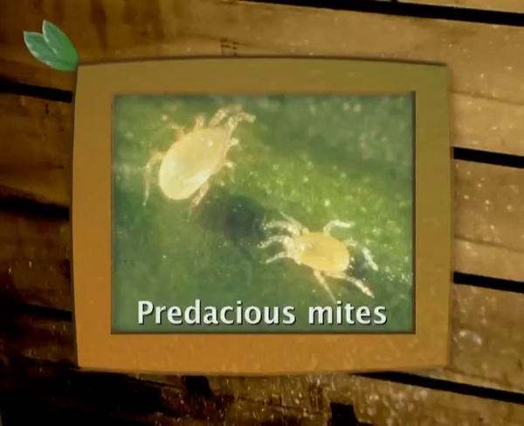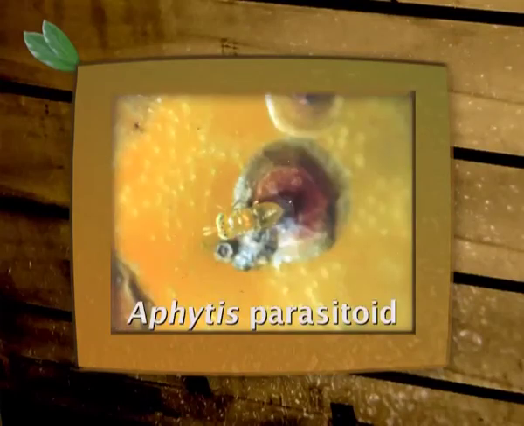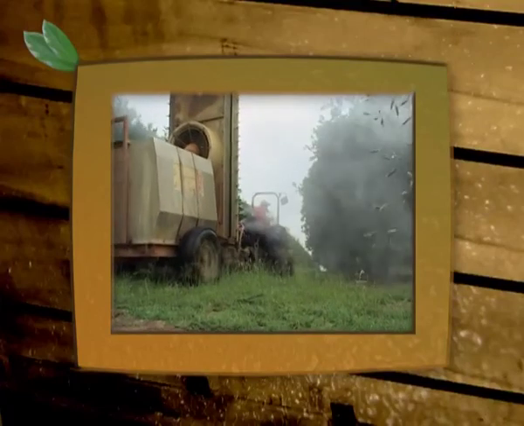Then there is conservation biological control. This involves recognizing the potentially highly effective complex of beneficial natural enemies which are already resident in the citrus orchard. These parasitoids and predators can very effectively reduce pest numbers, prevent pest outbreaks, and even make any further intervention, particularly chemical intervention, unnecessary.